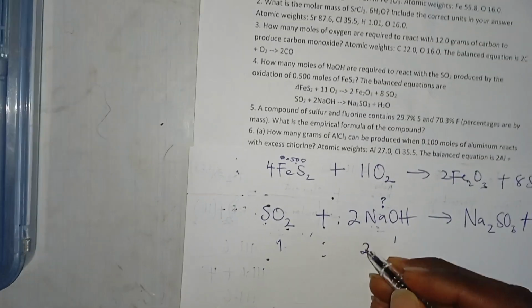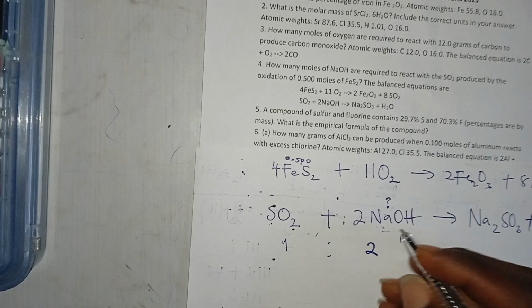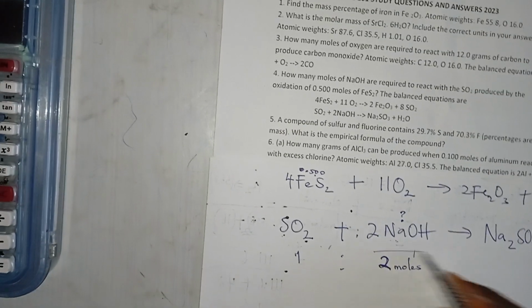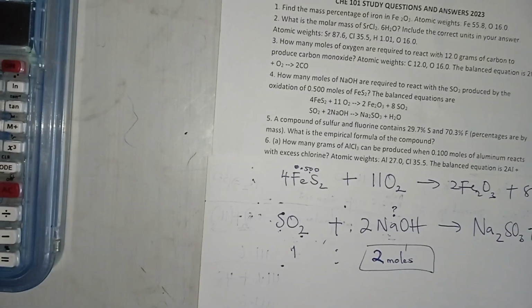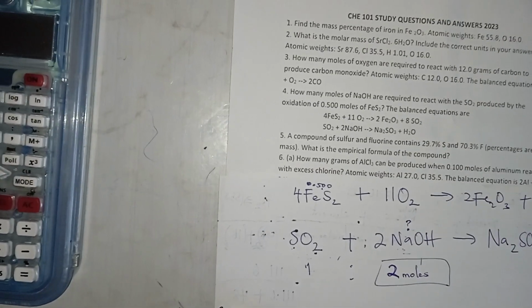If it's balanced, that means 2 moles of NaOH will do the job. So let's move to number 5.